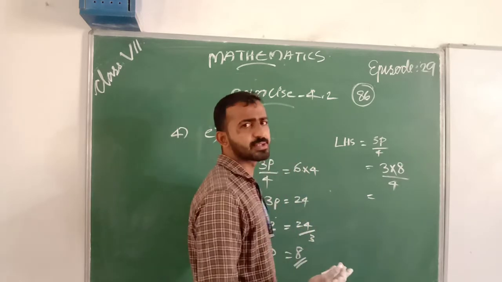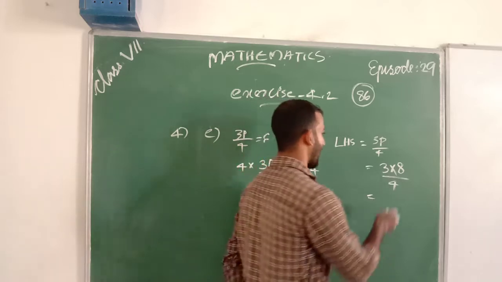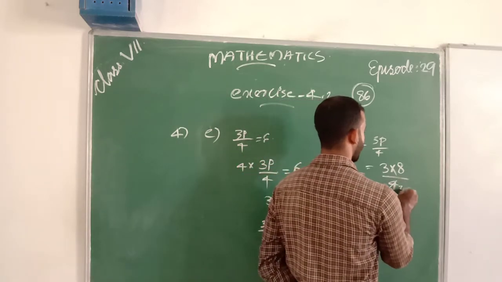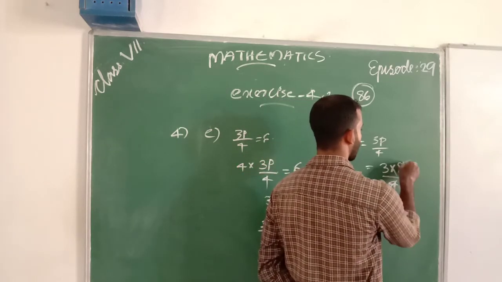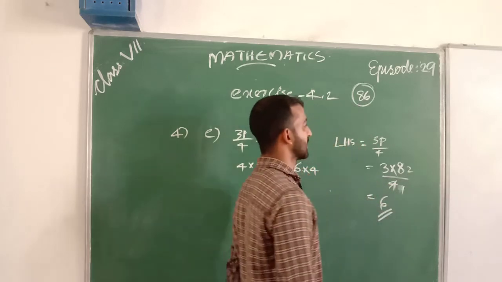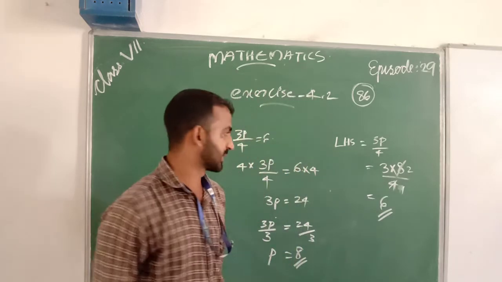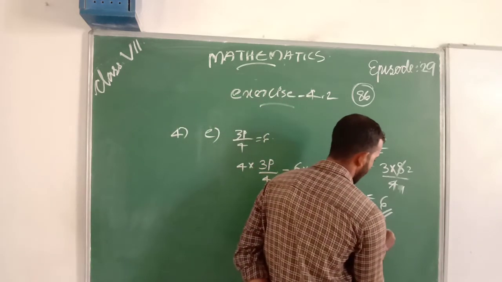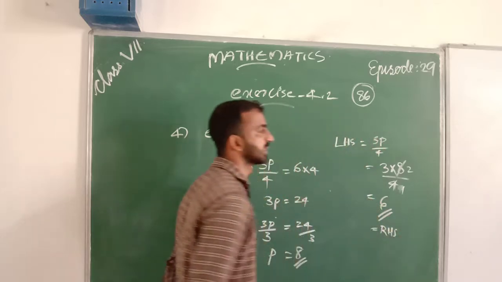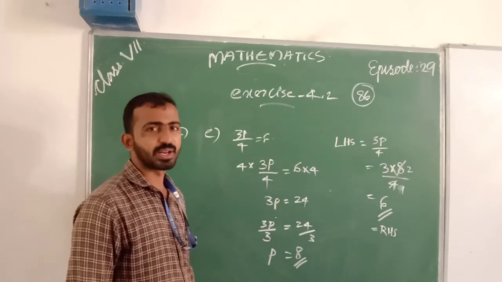That is 3 into 8, 24. 24 by 4 we get 6. Or otherwise, when we simplify, this is 1 and this is 2. That is 3 into 2 we get 6. That is equal to RHS.